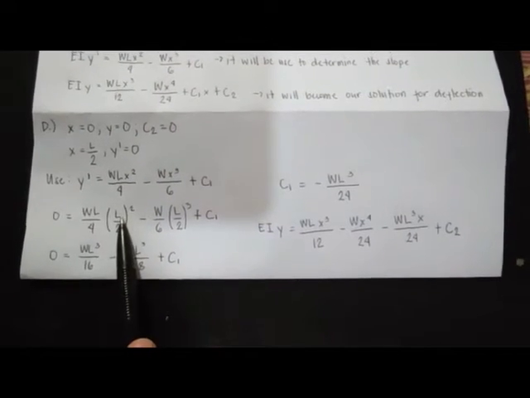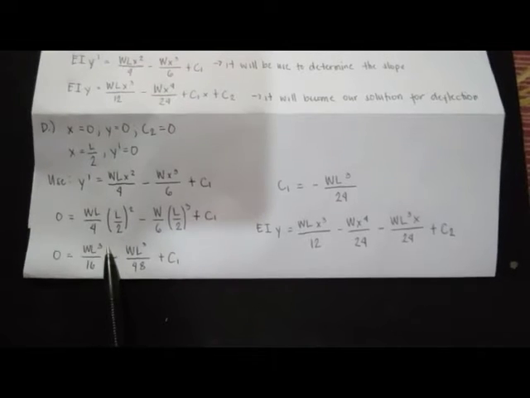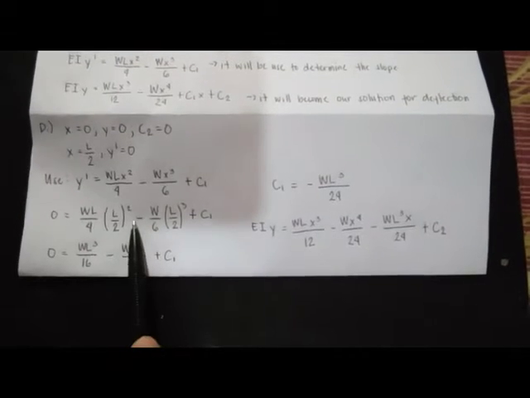Next, 0 is equals to WL raised to 3 kasi dito, dalawa yung L and plus 1L is equals to 3. That's why WL raised to 3 over 16. 2 times 2 is 4 and 4 times 4 is equals to 16. Minus WL raised to 3 over 48.